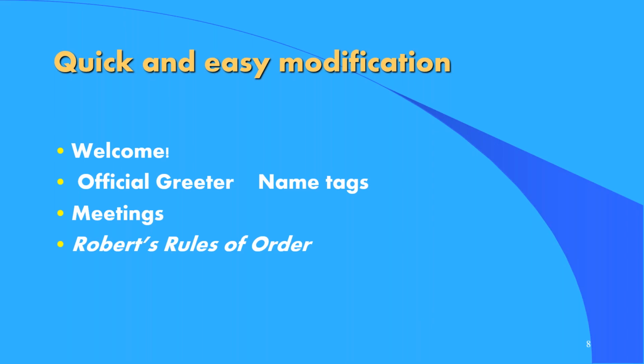Another thing that we have to be concerned about, or can use, is Robert's Rules of Order. That is a standard mode of operation recommended by Lions Club International. And it does say in our Constitution and bylaws that business should be conducted in accordance with Robert's Rules.